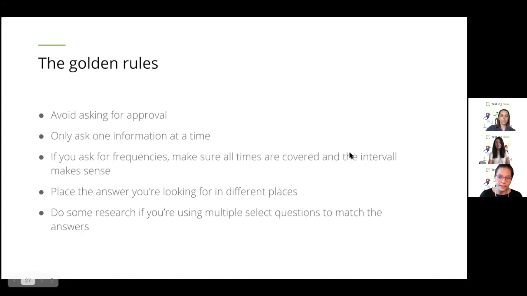Then place the answer you're looking for in different places, so don't always put it at the top or at the bottom, mix it up a little. And if you're doing a multiple select and you have to add some irrelevant answers, you can do some research to match the other answers.